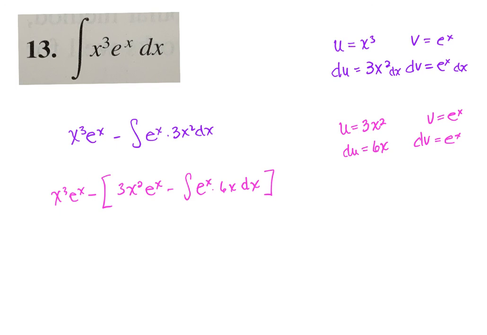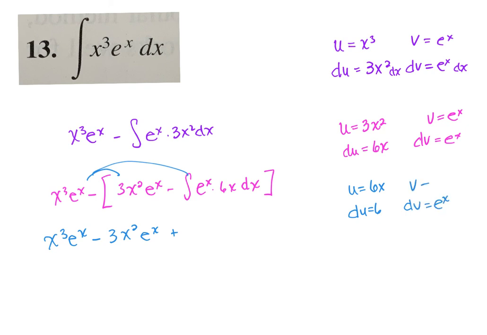All right, so I'm going to actually distribute that negative through. So I have x cubed e to the x minus 3x squared e to the x plus, and then I'm going to do this here. So on this end, my u is my 6x, and my du is my 6. My dv is, again, e to the x, and my v is my e to the x.